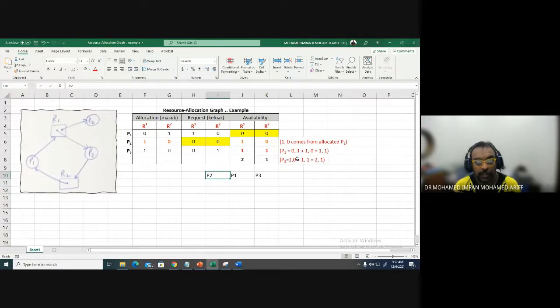In order for this process not to go through a deadlock situation, P2 will go first, and then P1 will go next, and then P3 will go next. Why is it in this sequence? Sebab each process dia akan request benda yang berlainan.